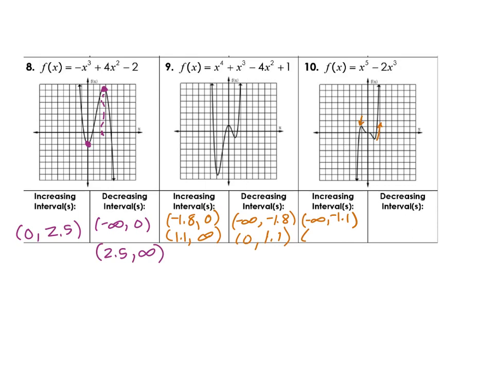So that's going to be from positive 1.1 to infinity. Our decreasing is going to be between those. And there's a point of inflection there, but again, that is only where you change shape, not direction. If we're decreasing, we are continuing to decrease, and that's going to be between negative 1.1 and positive 1.1.